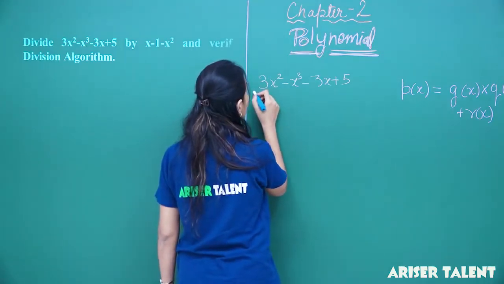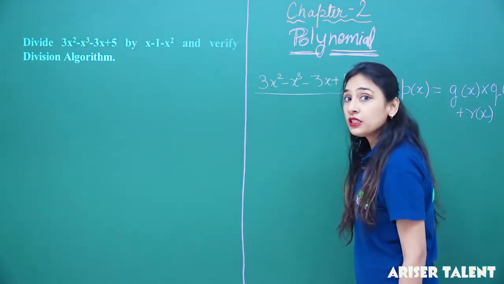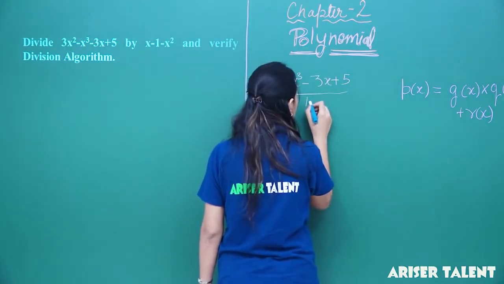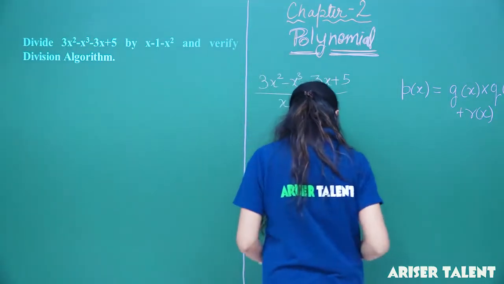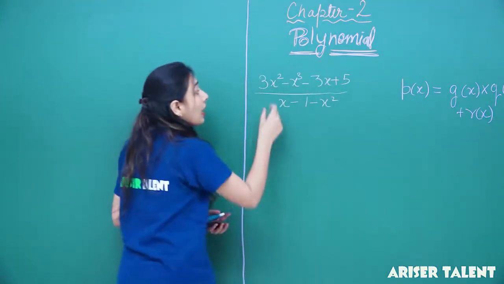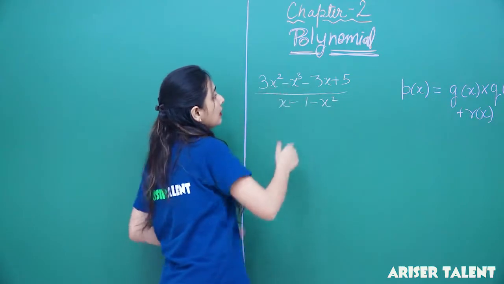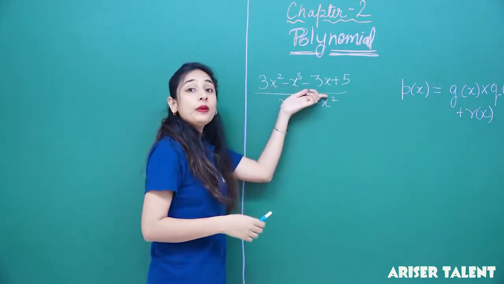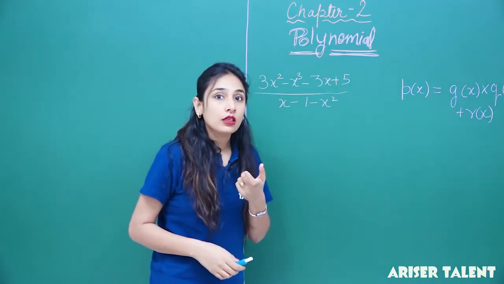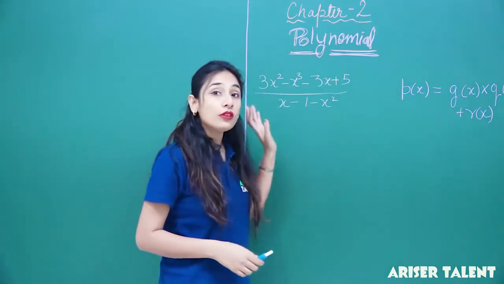Okay, this is our dividend by x minus 1 minus x square. We have discussed that this should be in what? Standard order. Now what is standard form of this?